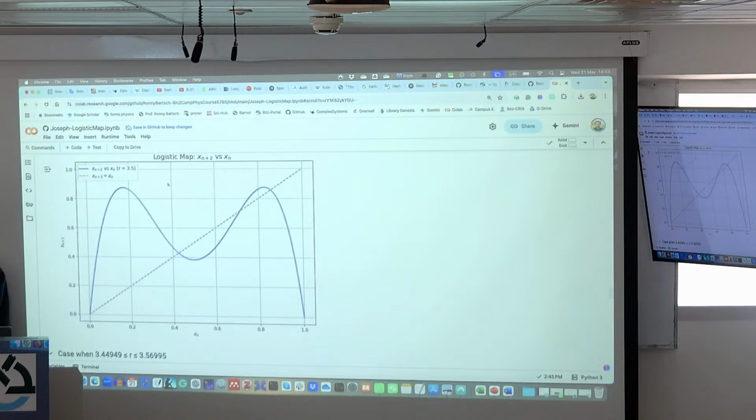Here is what we show of xn plus 2 and xn. You can see it applies the 3 stable points of this.